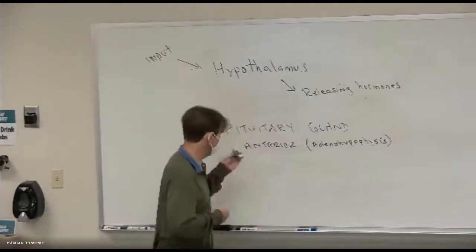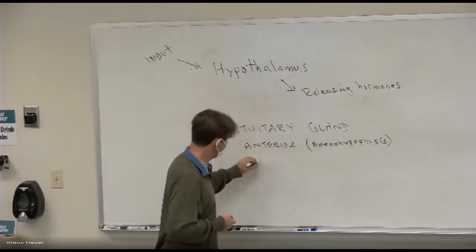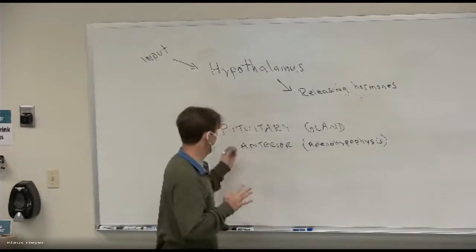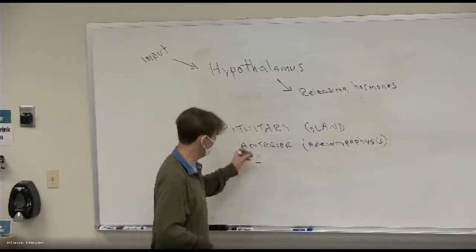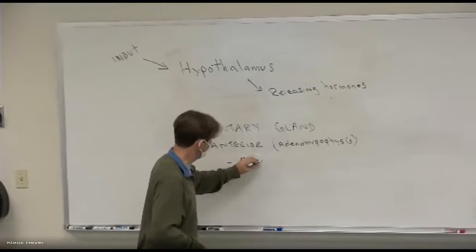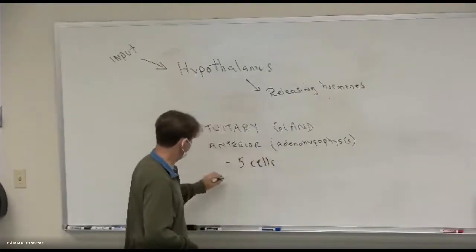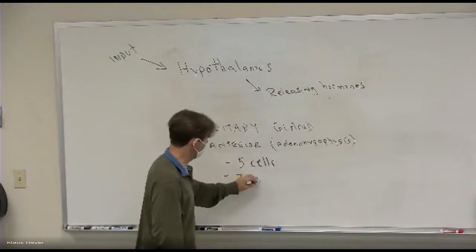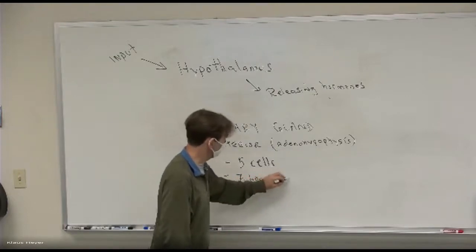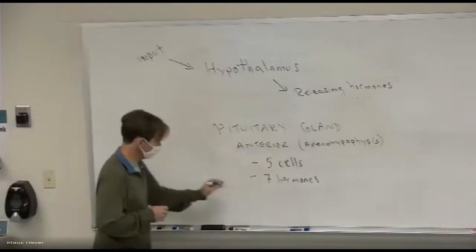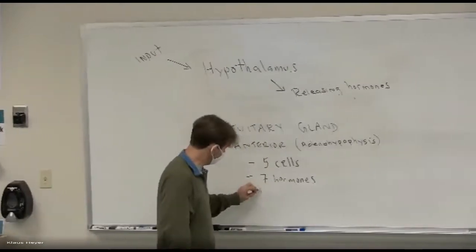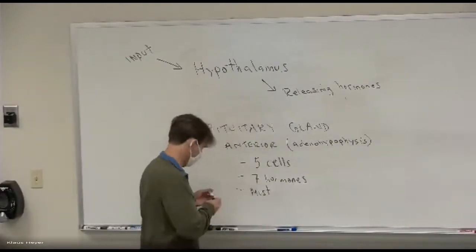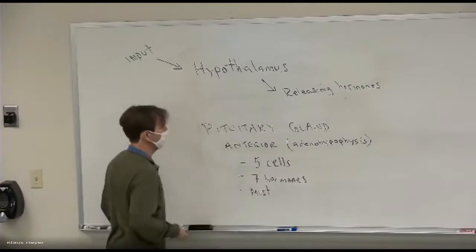So the anterior pituitary gland has 5 cells which make 7 hormones. You have to first get a releasing hormone.